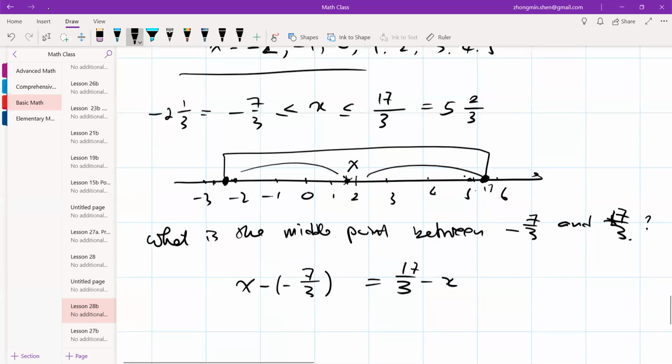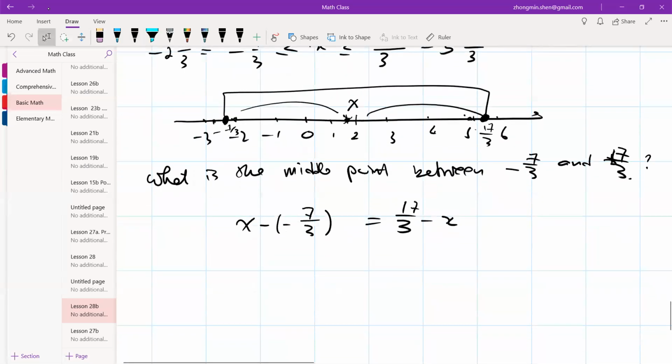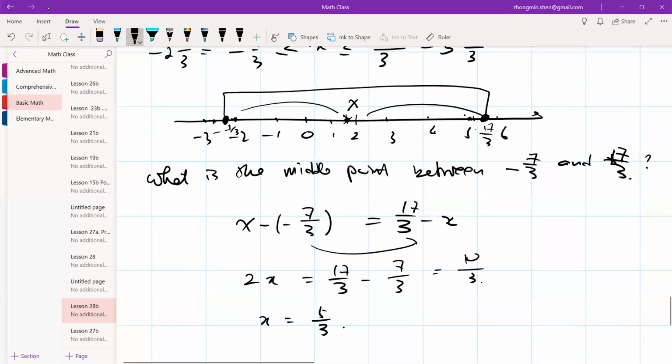So you move this to the right hand side and x to the left, and 2x equals 17 over 3 minus 7 over 3. So it's going to be 10 over 3. So x is going to be 5 over 3.